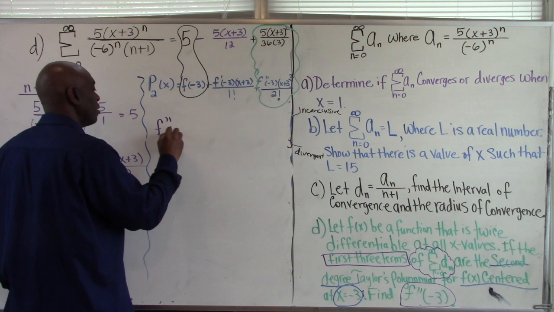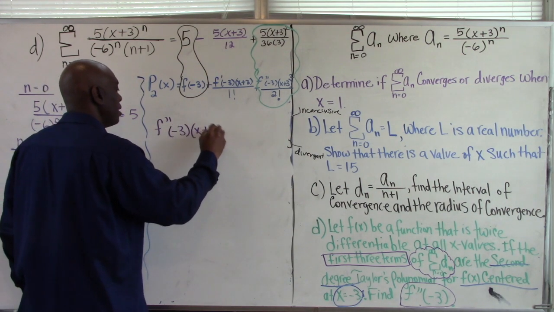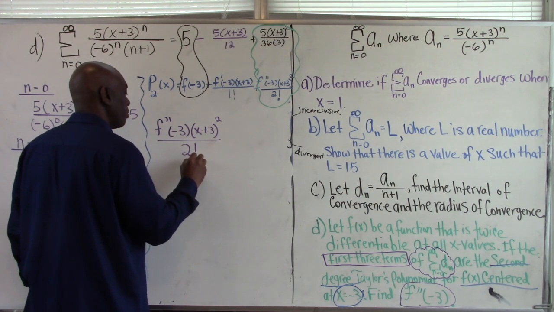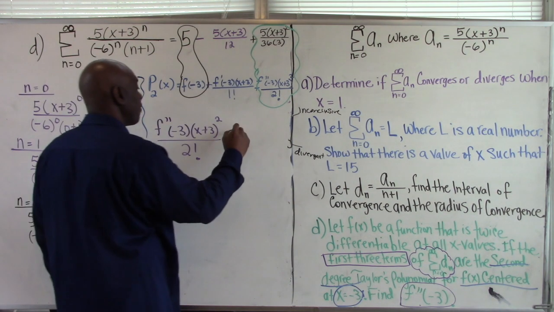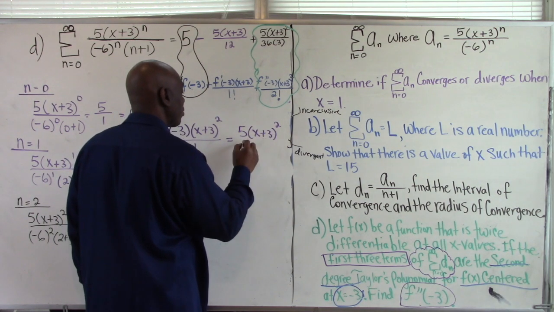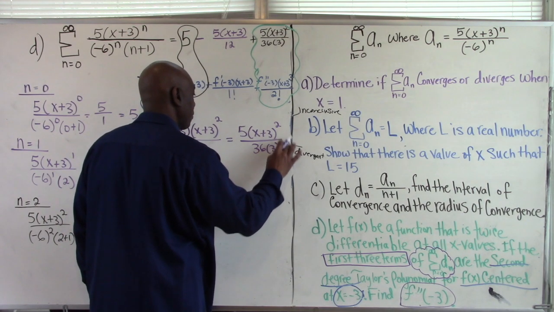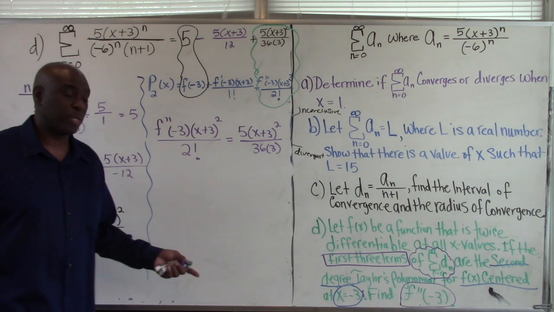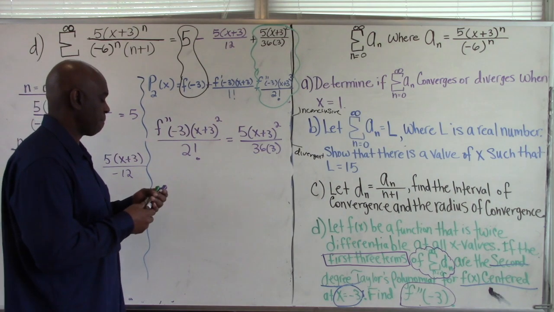So what we have in essence, we have f double prime of negative 3 times x plus 3 quantity squared divided by 2 factorial equaling, there we go, 5 times x plus 3 squared over 36 times 3. And now all you have to do is solve for f double prime of negative 3. Okay?